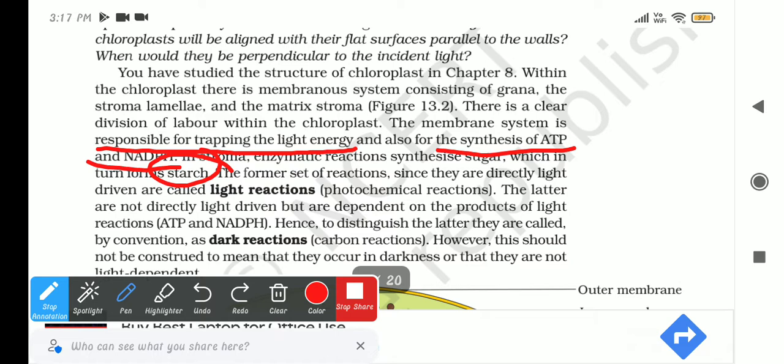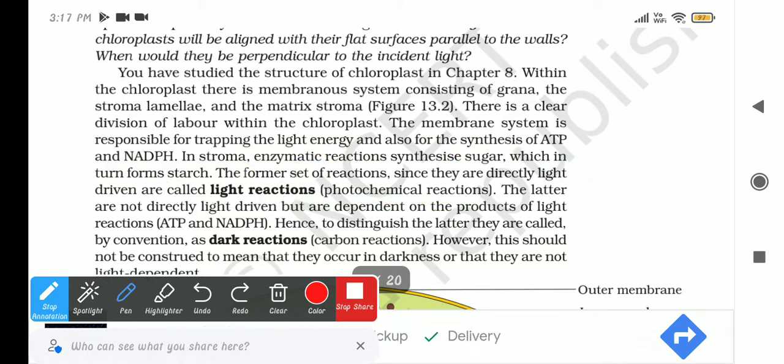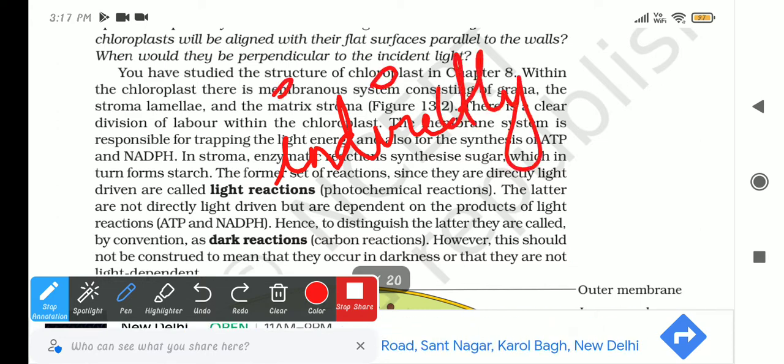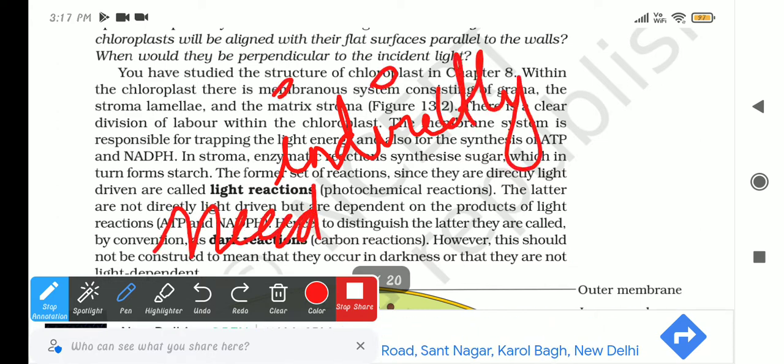The former set of reactions, since they are directly driven by sunlight, are called light reactions. It is a photochemical reaction. The latter are not directly supplied with light, but they also indirectly need sunlight.